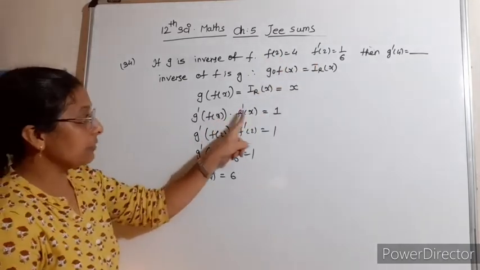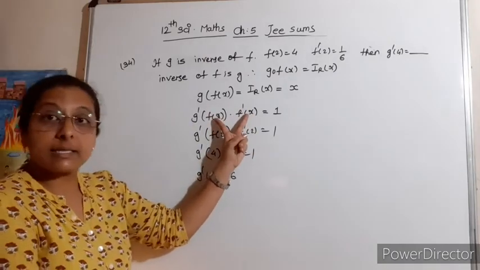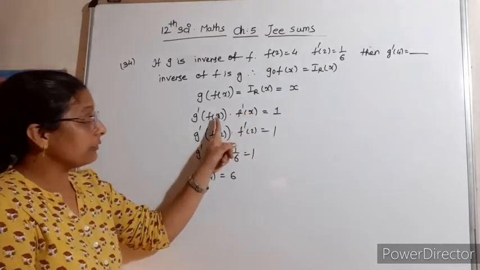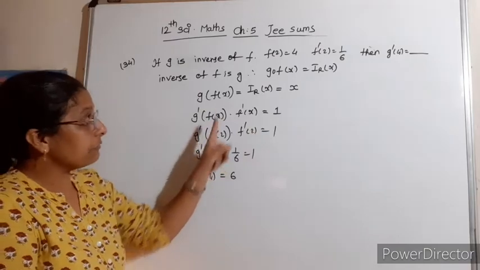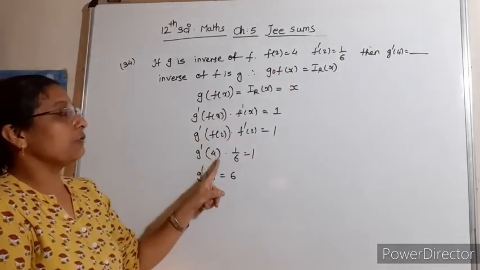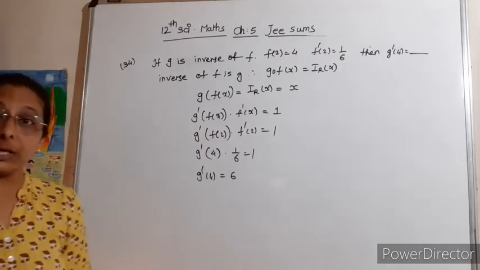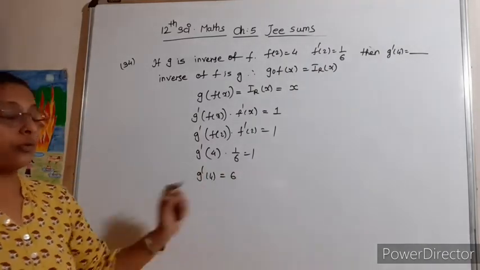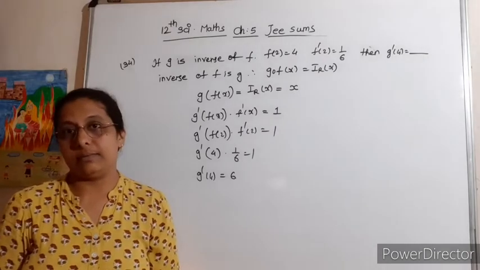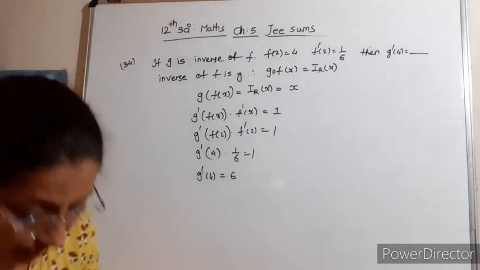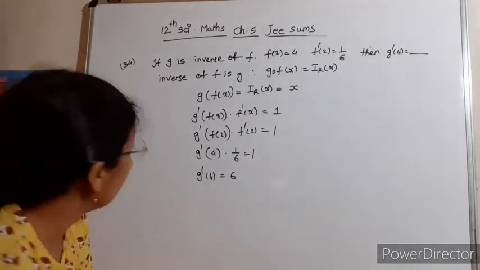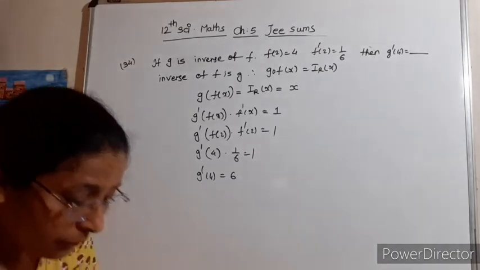So we'll take x is equal to 2. But f of 2 is 4. So we'll get g dash 4 and f dash 2 is 1 by 6. Now 6 इस तरफ ले जाएंगे तो क्या हो जाएगा? g dash of 4 is equal to 6. Right?